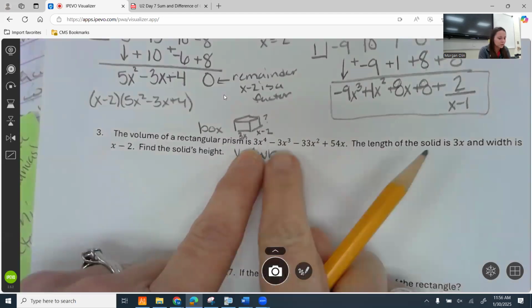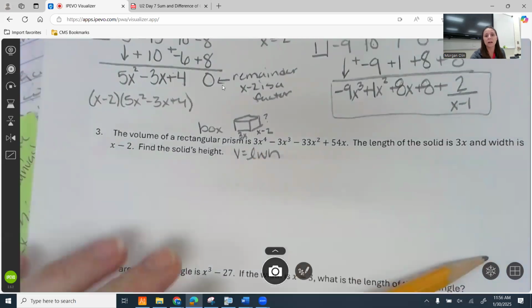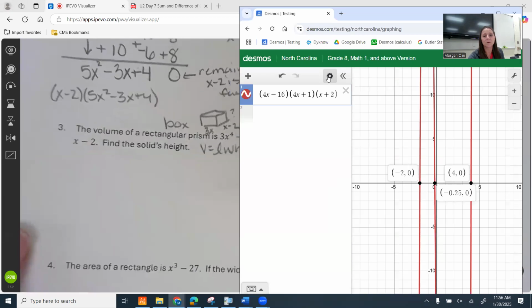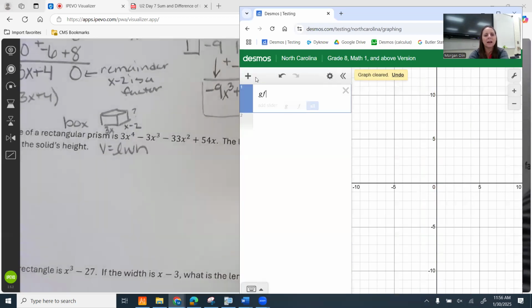And do you realize 3, 33, and 54, the GCF is 3? And if you didn't, what you could do is take Desmos. And remember, I think I did this the day before or yesterday. If you do GCF, parentheses, and you put all these numbers in, 3, 33, and 54, you can see the GCF is 3.